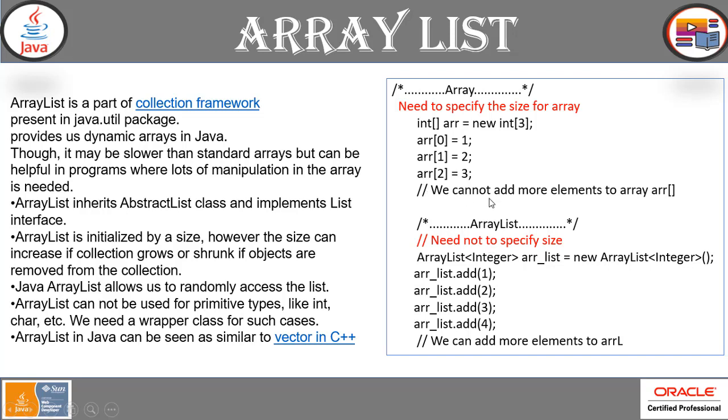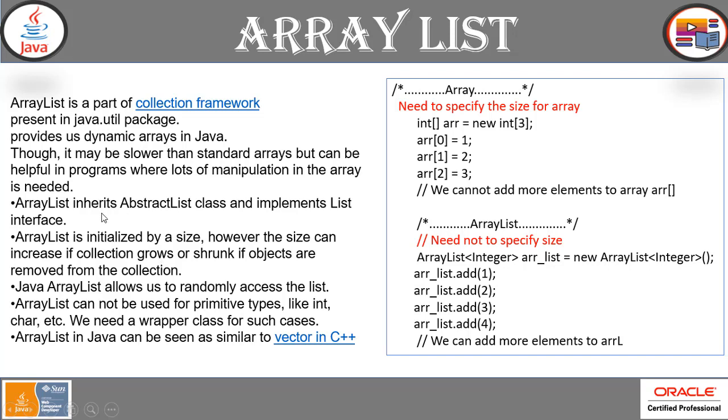We cannot add more elements to an array after mentioning the size in the case of a simple array, whereas in an ArrayList you can add more elements to the ArrayList object. So this is actually the difference between the array and ArrayList, and based on your application and requirement you can apply ArrayList or array for your application.